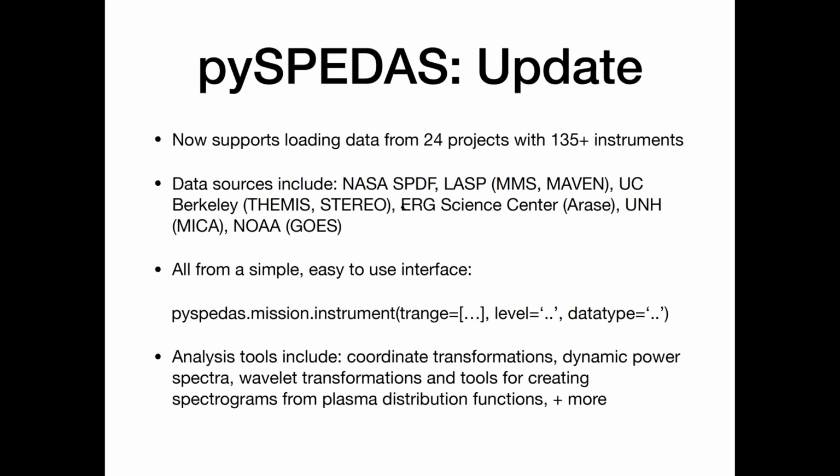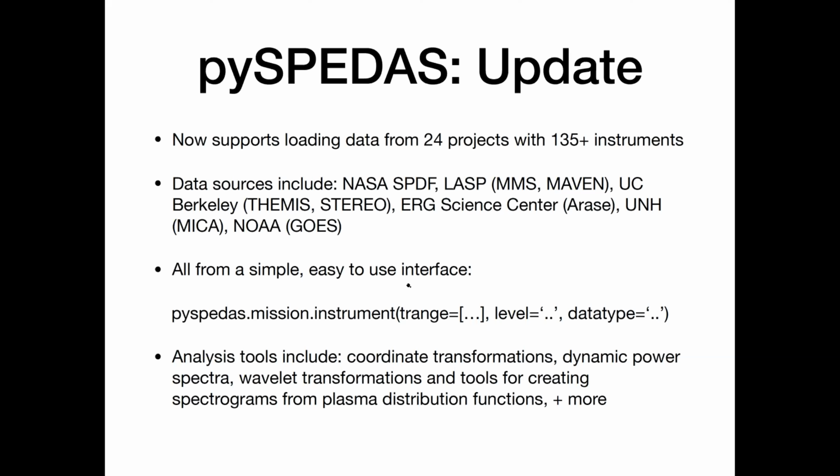We also support ERG data from the ERG Science Center, so that's Arase. And data from UNH, that's the magnetic induction coil array data, so that's ground data, as well as grabbing netCDFs from NOAA. Right now that's just mag data, but I'm planning on adding the GOES particle data as well as the GOES X-ray data.